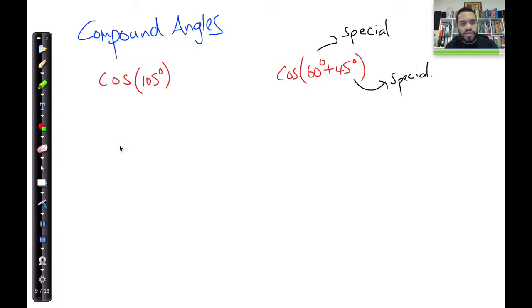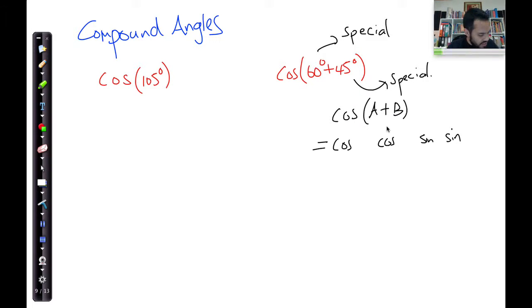Like I mentioned, we're not going to do any proofs of the compound angle identities right now. We'll do that towards the end of the course. But for now, let's say cos 105. Now, this actually has an identity. The identity is cos of A plus B is equal to cos, sine, and then the plus switches to minus.